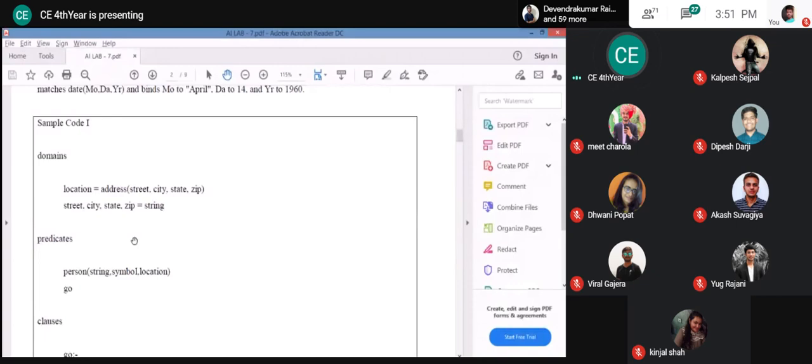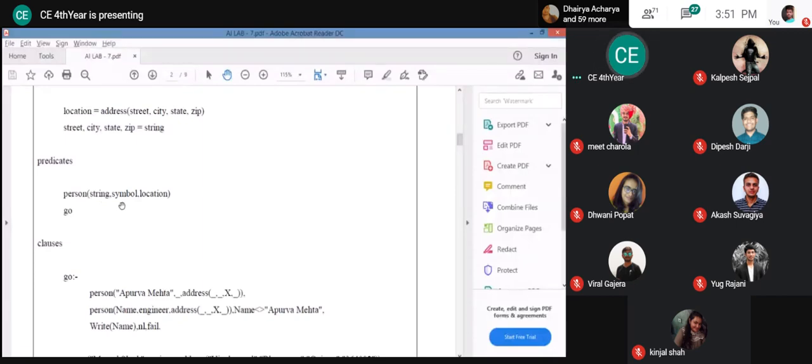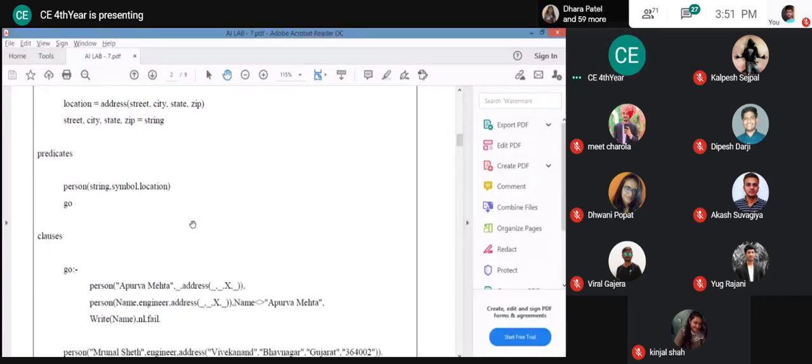Now, since the sample program is given to you, you can see that person is a compound object. It contains three arguments. Here, see the go rule, everyone. In the go rule, one compound object is given.